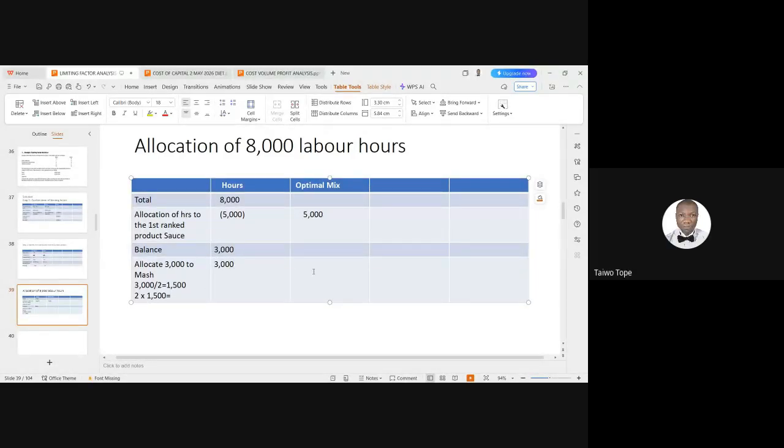So the optimal mix for mesh will be 1,500 units, because you can use 3,000 hours to produce 1,500.